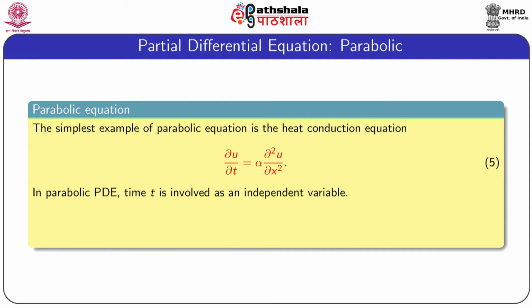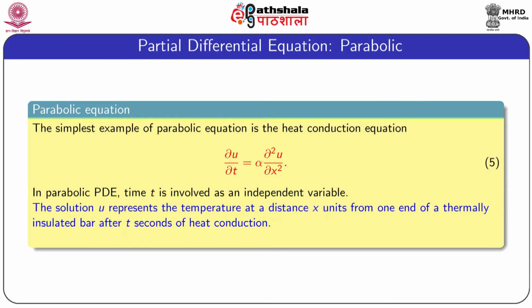In this equation, the time t is involved as an independent variable. The solution u represents the temperature at a distance x from one end of the thermally insulated bar after t seconds of heat conduction.